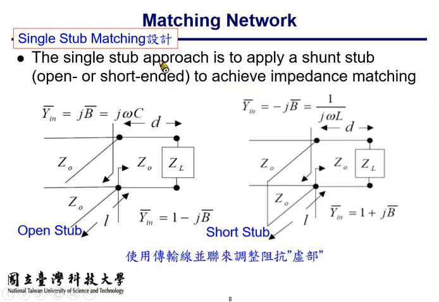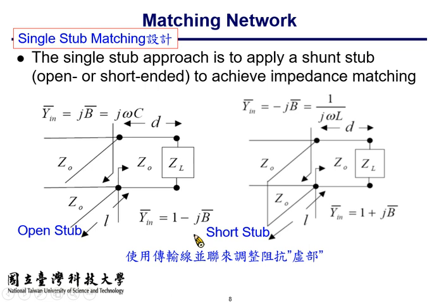All right. We will introduce the single stub matching design, which is done by connecting a stub, which can be a short stub or an open stub. In the textbook, in section 7.4, we have an example of connecting a short stub. But a short stub of a quarter wavelength will exhibit an input impedance of infinity.